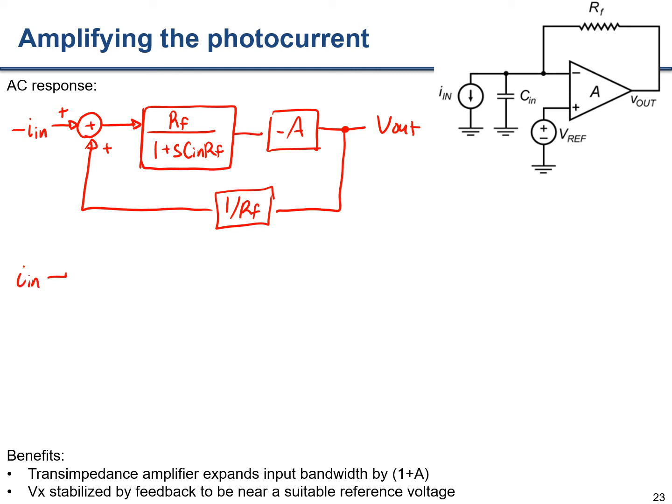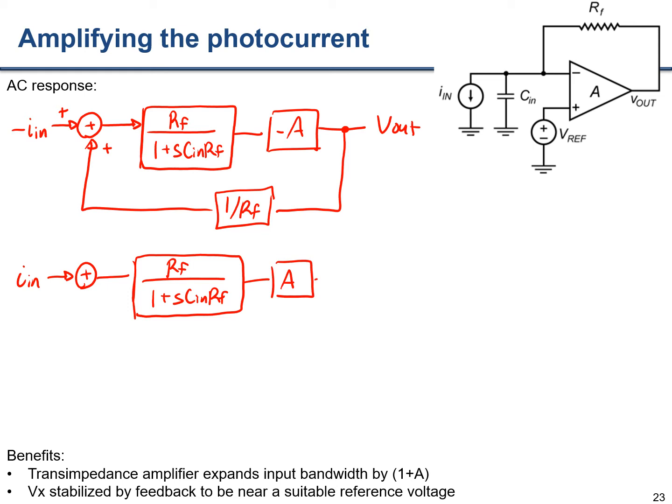So I in, let's just redraw this to make it a little easier to understand. RF over 1 plus S C in times RF, in this case times plus A, V out, 1 over RF in feedback. And now we're in negative feedback here.